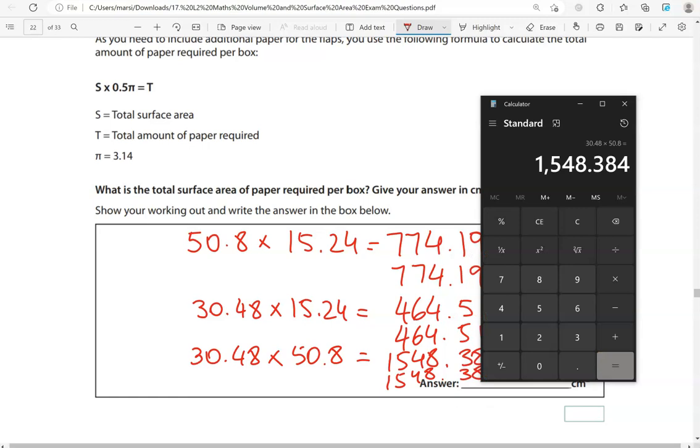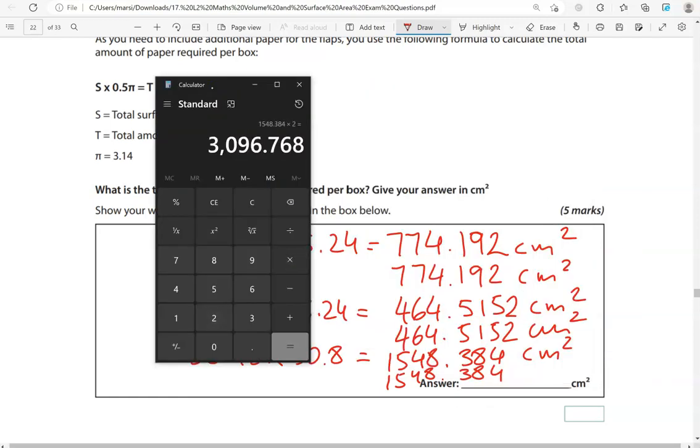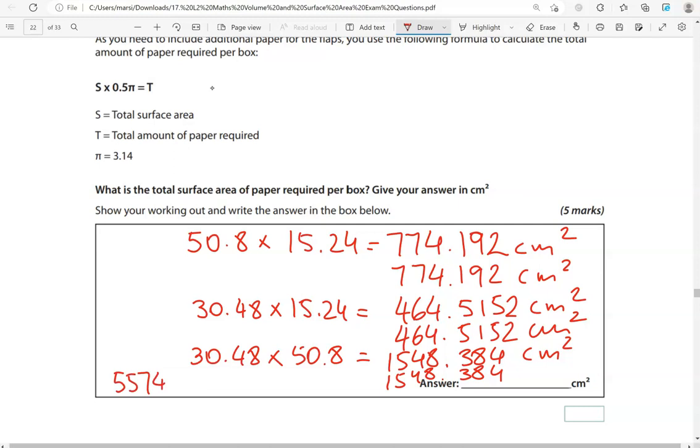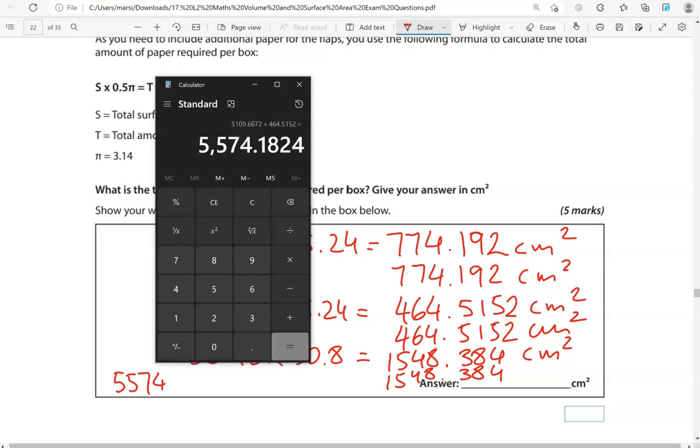So adding all of these together gives us 5,574.1824.